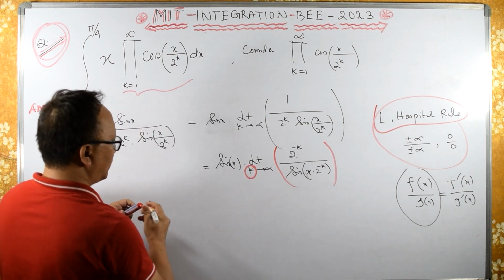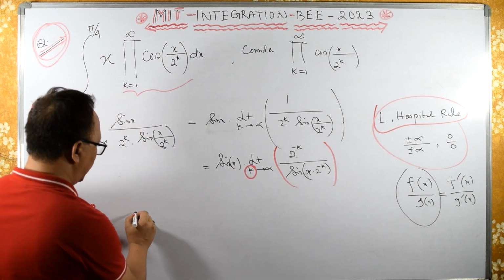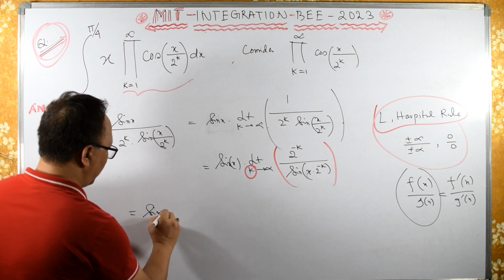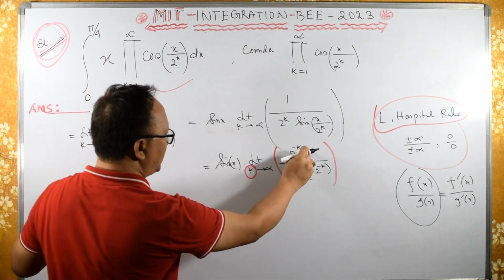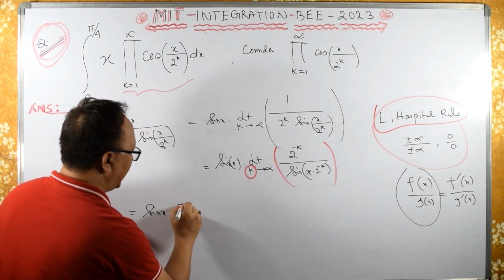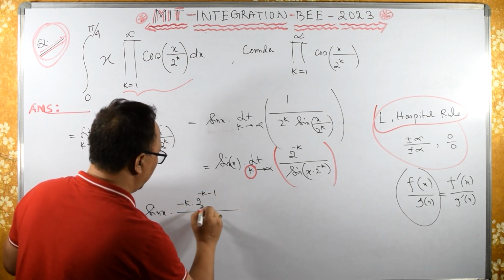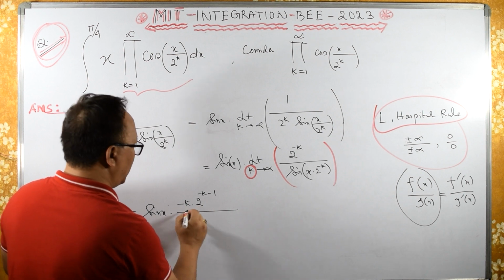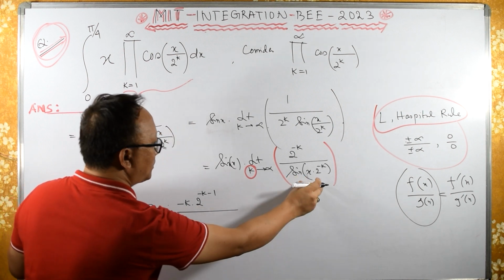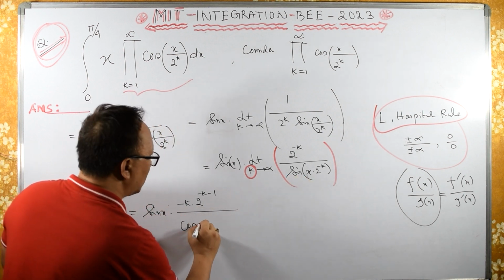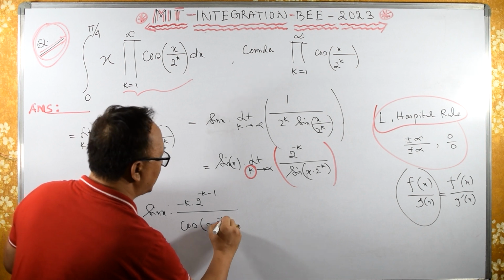So now let's differentiate with respect to k. This is the same as sin of x, and I am differentiating this with respect to k. So I will get minus k into 2 raised to minus k minus 1 upon, differentiation of sin is cos, cos of x into 2 raised to minus k.